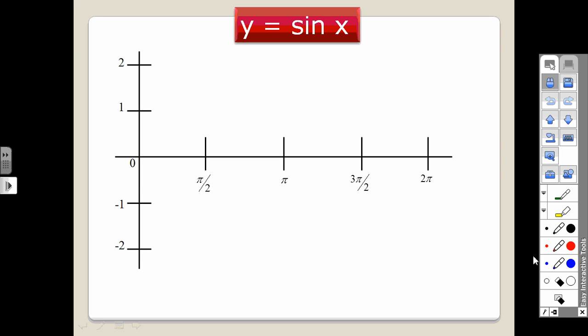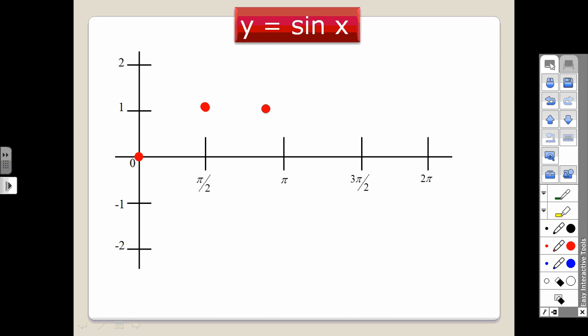So when we first plot our points, when you look at your unit circle, at 0 radians, sine is 0. So we'll put a point right there because it's at (0, 0). But then if you move all the way up to pi over 2 radians, you'll notice that sine is now at 1, so we'll put a point right up there.